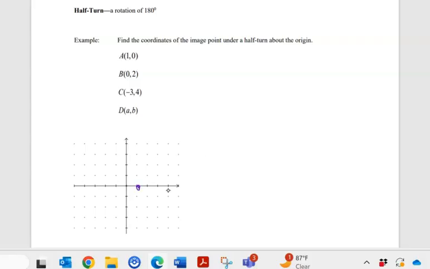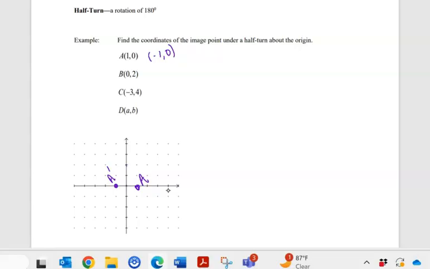So A here is at 1, 0. If we rotate this 180 degrees, whether it was clockwise or counterclockwise, either one, this would be where A prime would land, and that is at -1, 0.